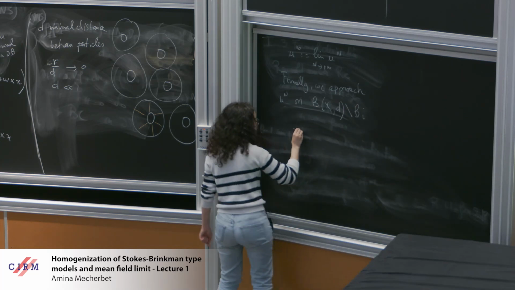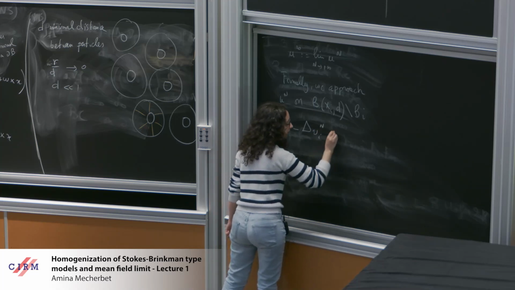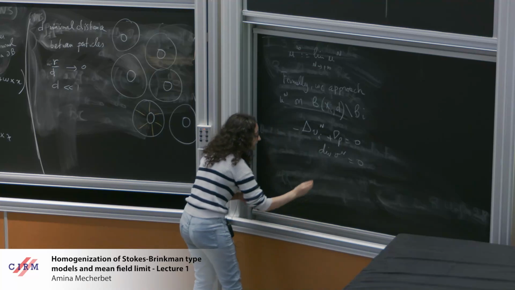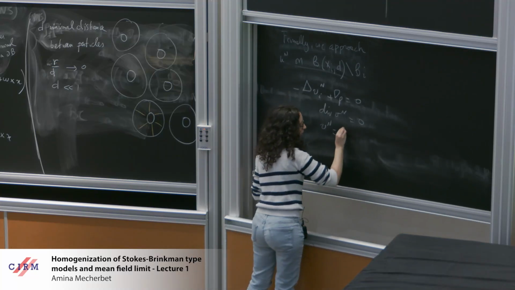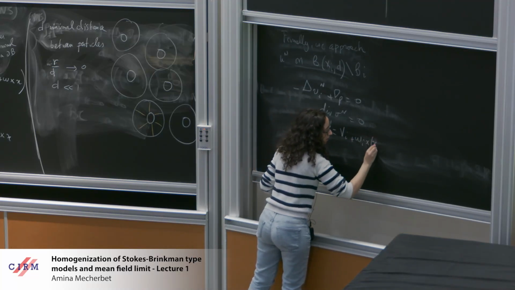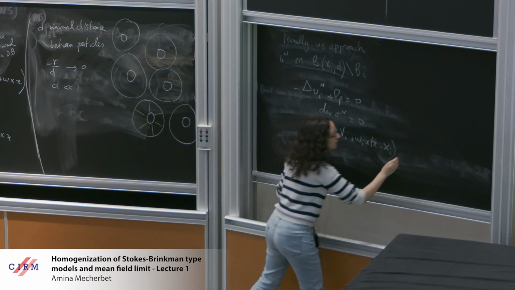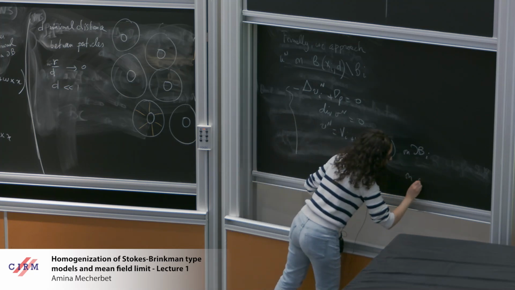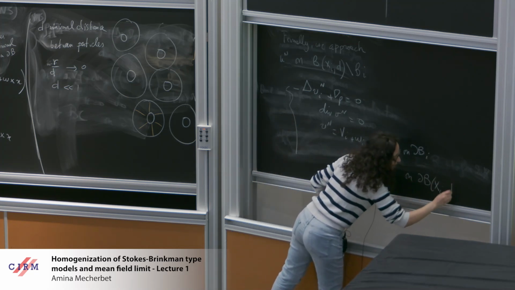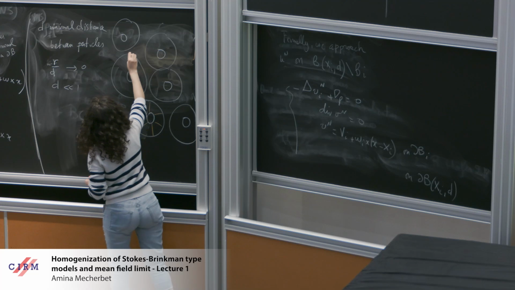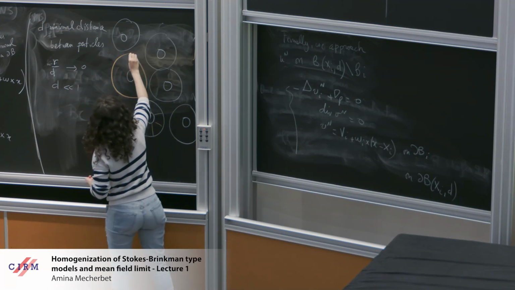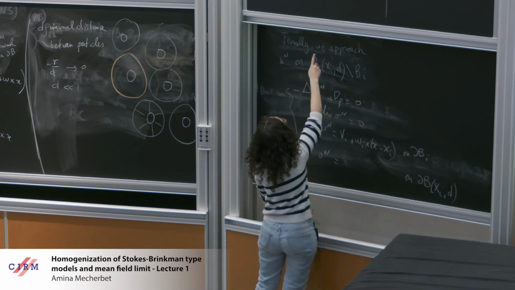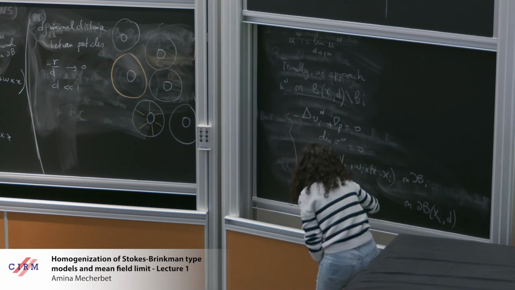I will approach it by this Stokes problem. So the very same equation with the very same rigid motion on the boundary of the ith particle, but what I will put on the boundary of the external annulus is the ambient fluid. So the ambient fluid, which we expect to be this guy, U infinity.